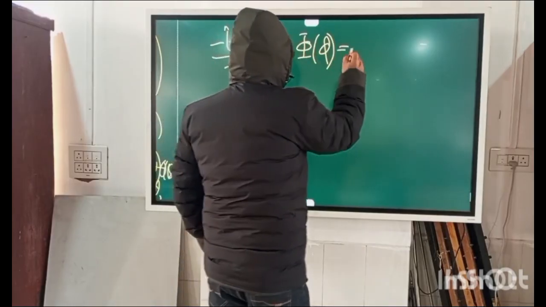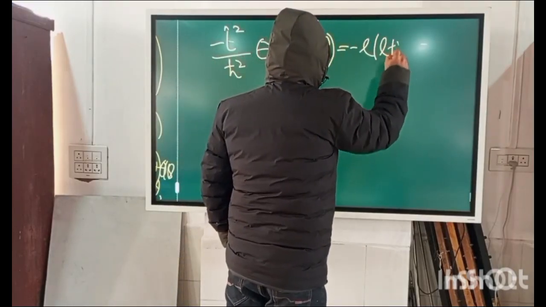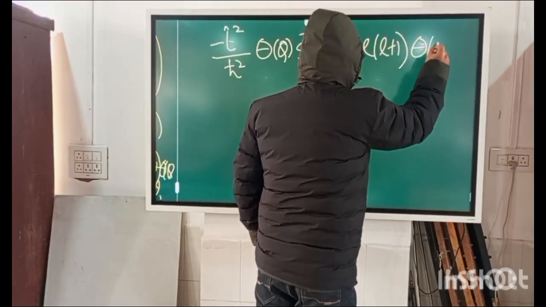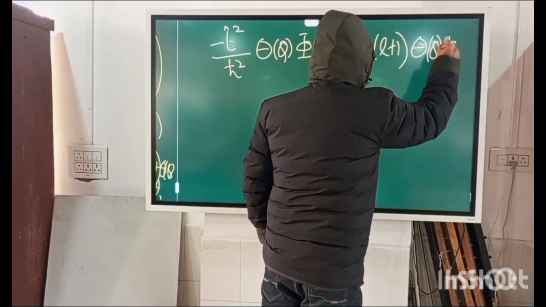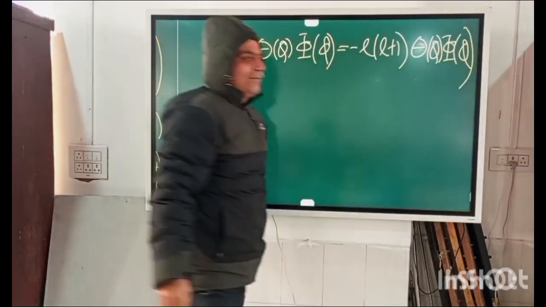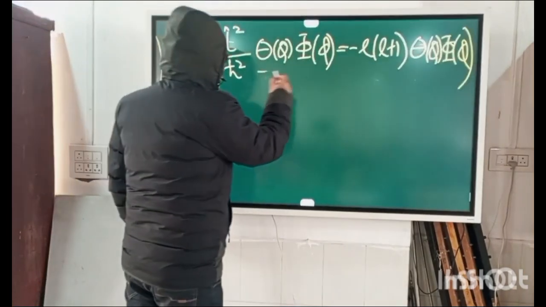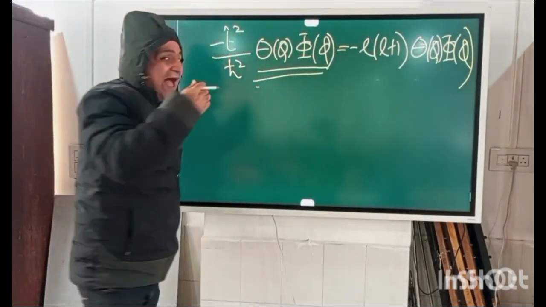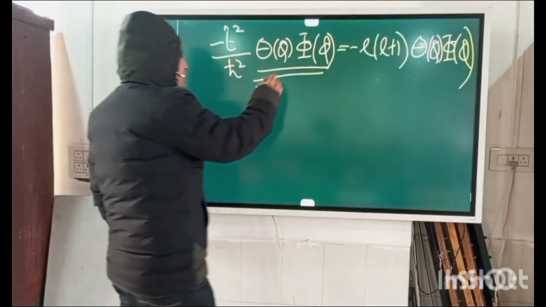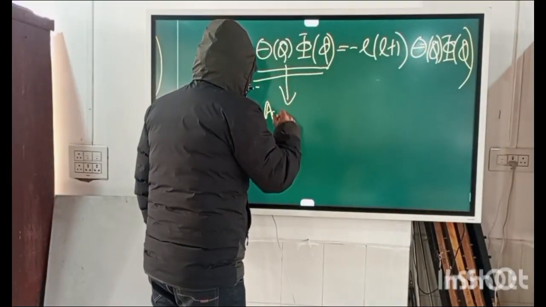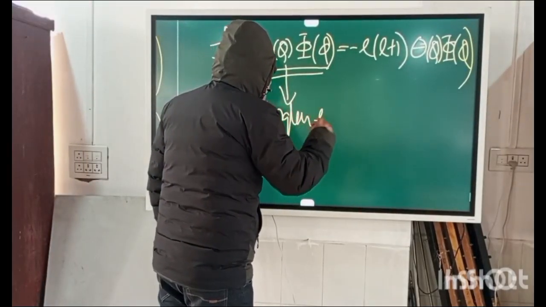This must be equal to minus L times L plus 1 theta of theta and phi of phi. You have a wave function, you have the energy, you have the eigenfunction, you have the angular eigenfunction. This is your angular eigenfunction.